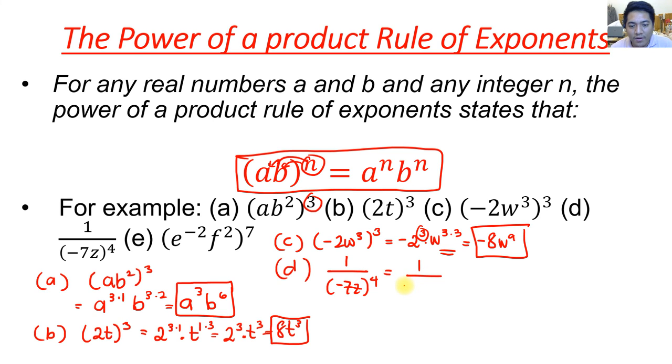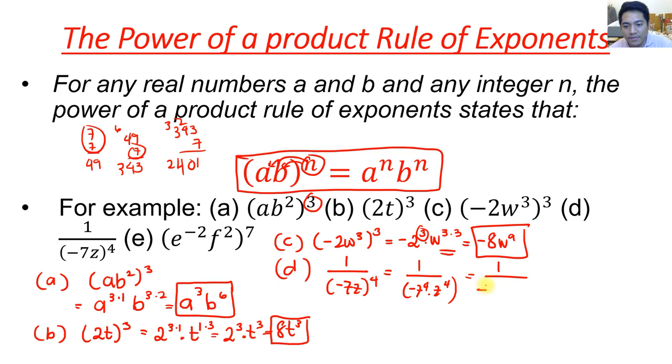So you have 1 all over negative 7 raised to 4, and then z raised to 4. 7 times 7 is 49. 49 times 7 is 343. 343 times 7 is 2401. So you have 1 all over positive, because it's raised to an even number, 2401 z raised to 4.